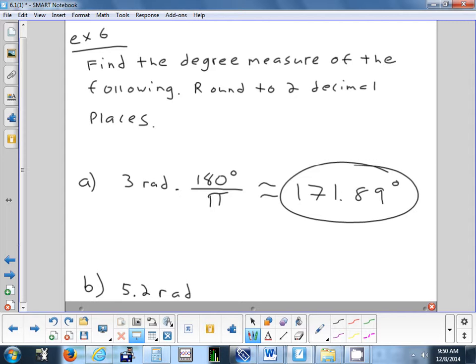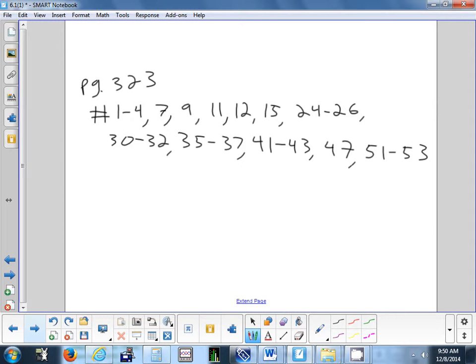All right, so let me put up the homework. The homework is a lot of short little questions, like find an angle that's coterminal, change to degrees, change to radians, so that's why there's so many. But they're very quick. I don't think there's any problems today that'll take you more than 30 seconds a problem to do. Okay, so it's on page 323.